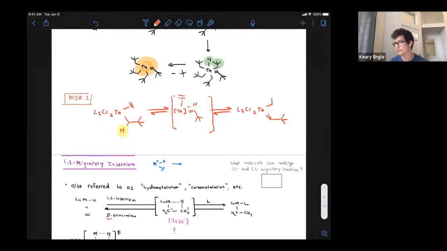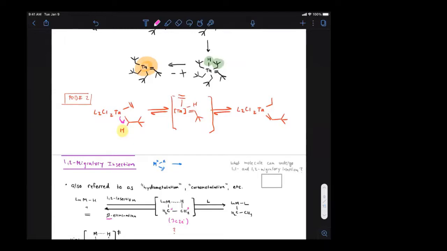So if you wanted to push electrons, you would push them like this, where you're pushing electrons off of the metal because the tantalum carbene hydride will be a higher oxidation state formally, because the Schrock type carbene counts as an X2 ligand.